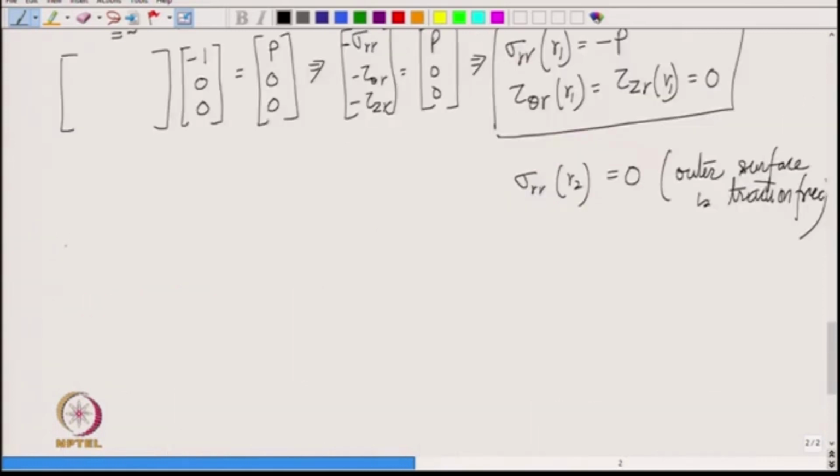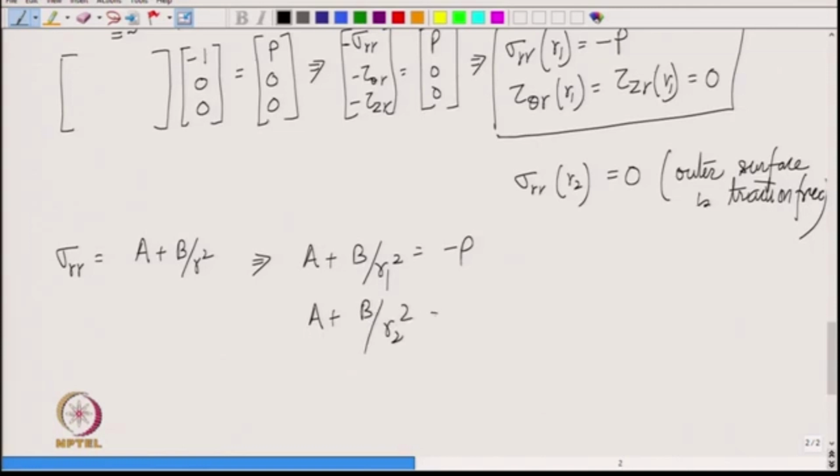Now, our equation for sigma r r is A by 2 plus B by r square. So, this implies A by 2 plus B by r 1 square is equal to minus p and A by 2 plus B by r 2 square is equal to 0.